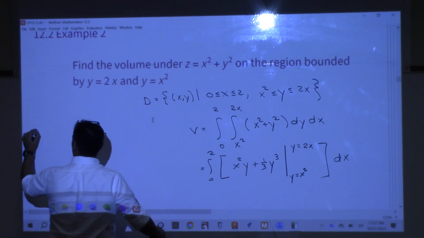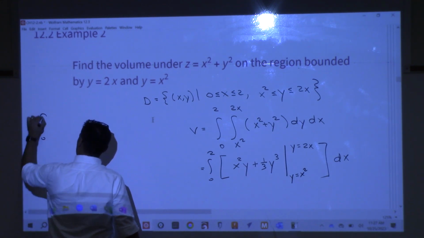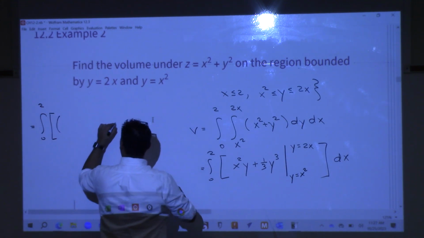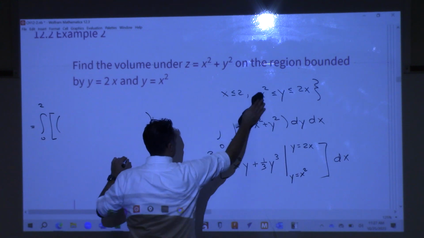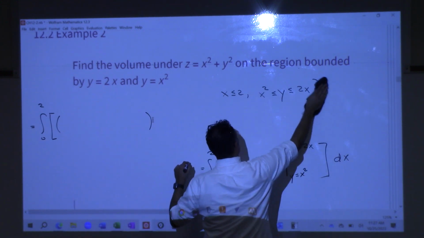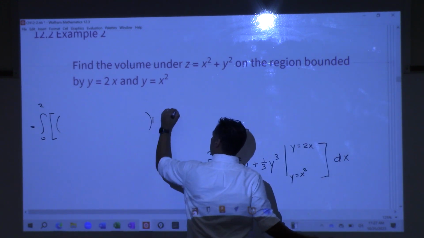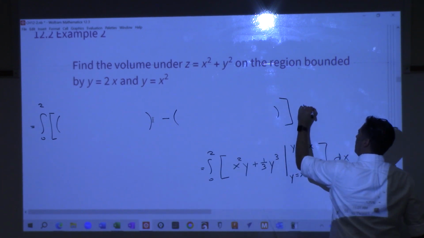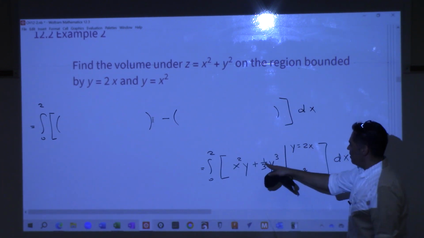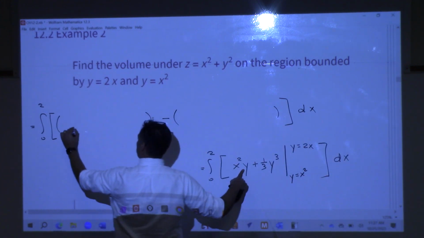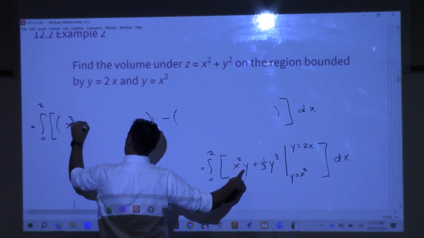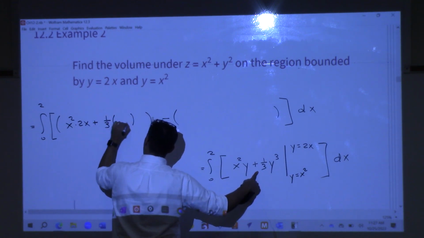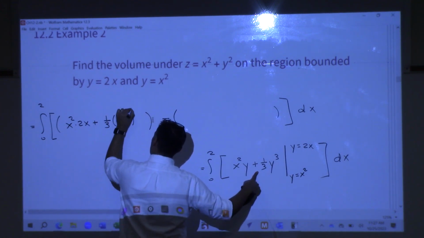All right, plugging in equals integral 0 to 2. I'm going to have two things here. 2x goes in for y, right? So we have x squared times 2x plus 1/3, and then it was 2x, but then cubed.